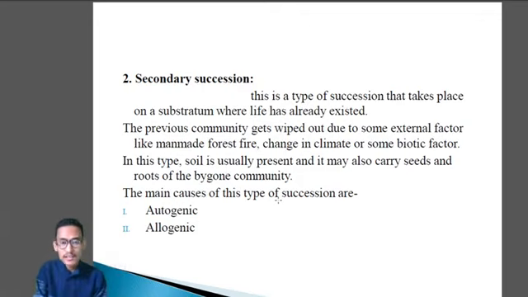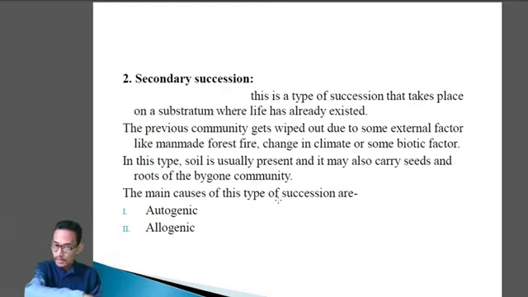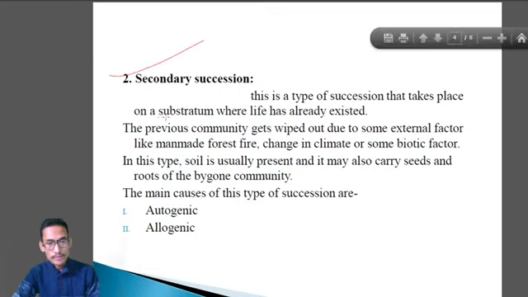But in secondary succession, it takes place on a substratum where there was existence of life before. That means one community is being changed by another community. In primary succession it was totally on a barren area, but in secondary succession it occurs on a substratum where life has already existed.